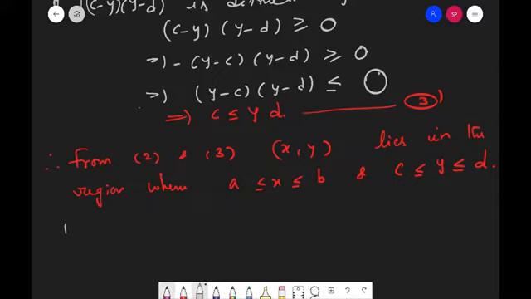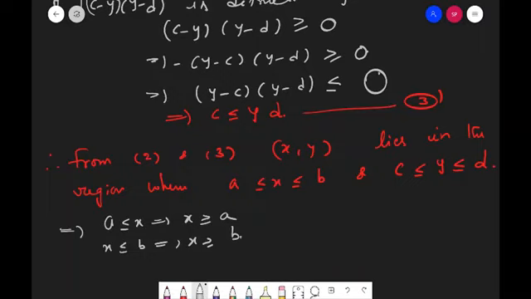A less than or equal to x implies x is greater than or equal to a, and x less than or equal to b implies x is less than or equal to b.